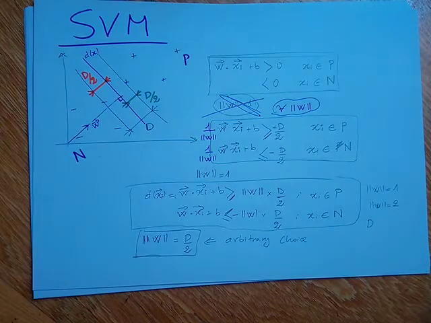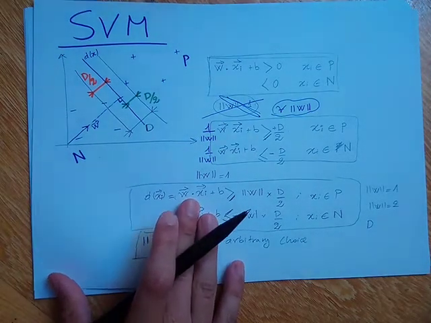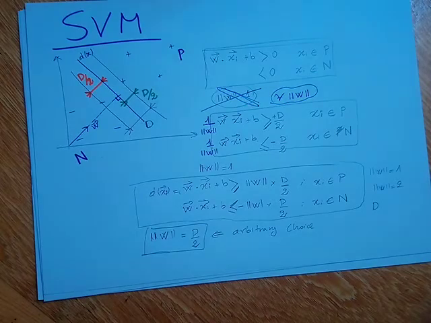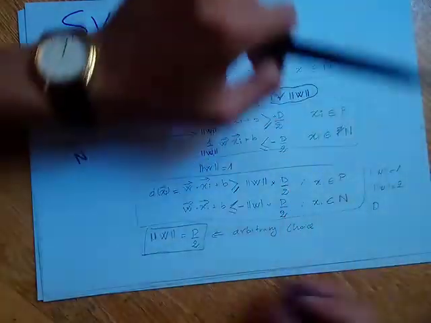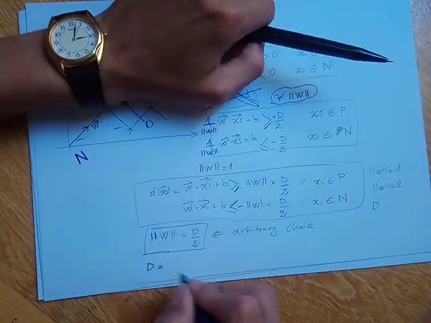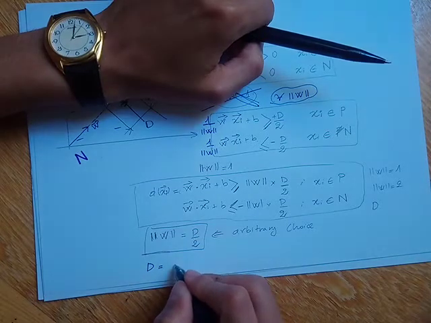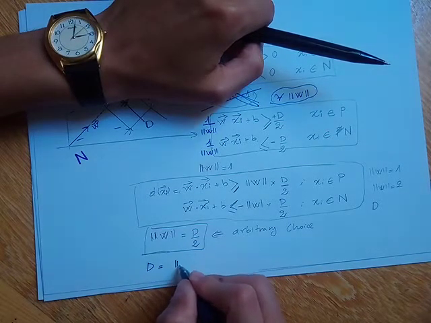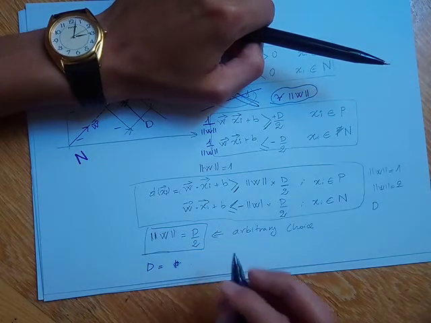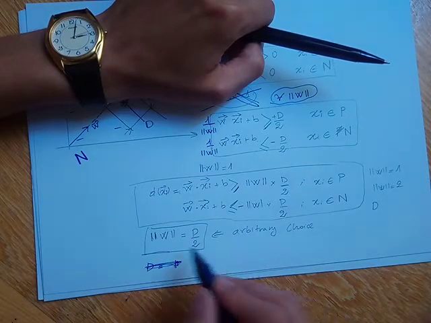Now, if you don't see it yet, I have already found the expression of the width of the margin, which is this thing here. So d, this is d, is equal to... I made a mistake here.